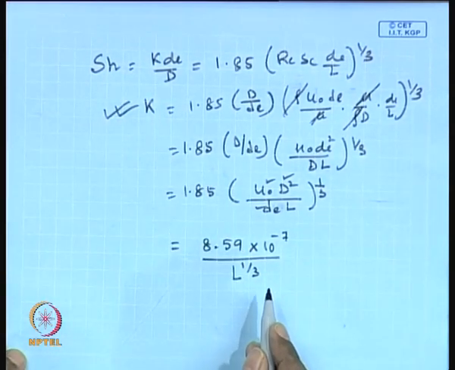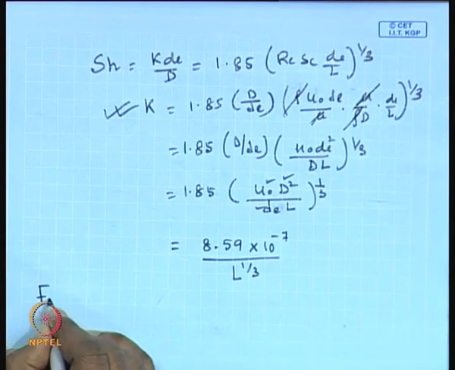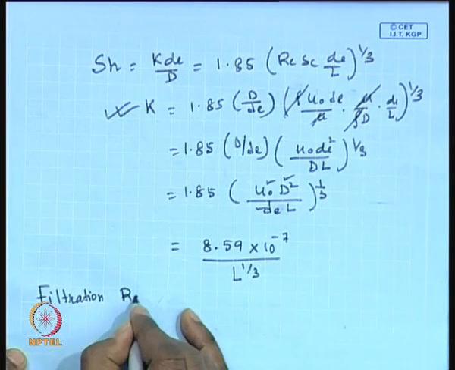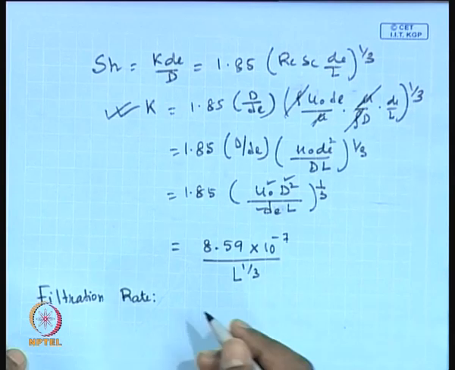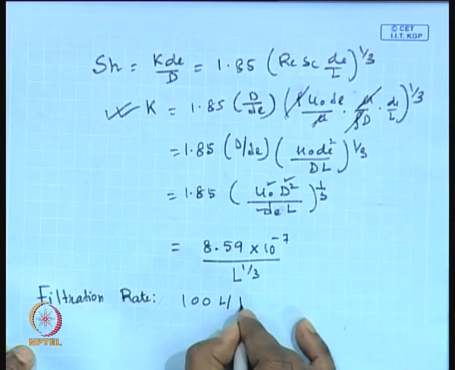From the information given, you have estimated the mass transfer coefficient. Then you calculate the filtration rate, which we have to convert into meter cube per second. It is given as 100 liter per day.